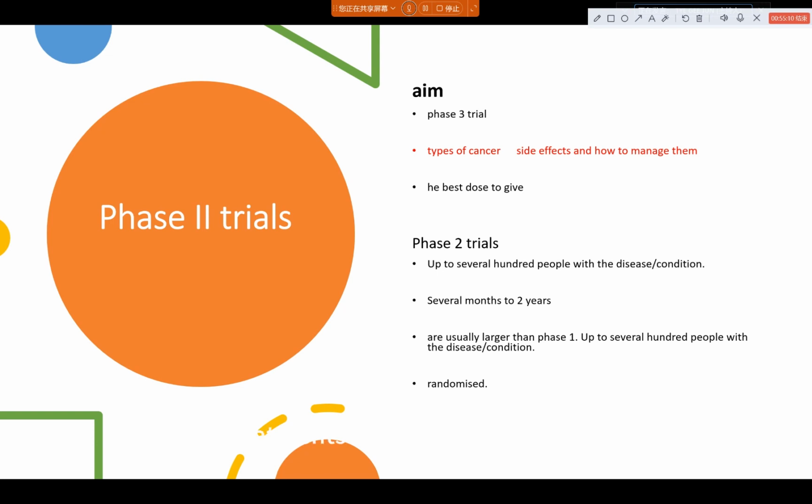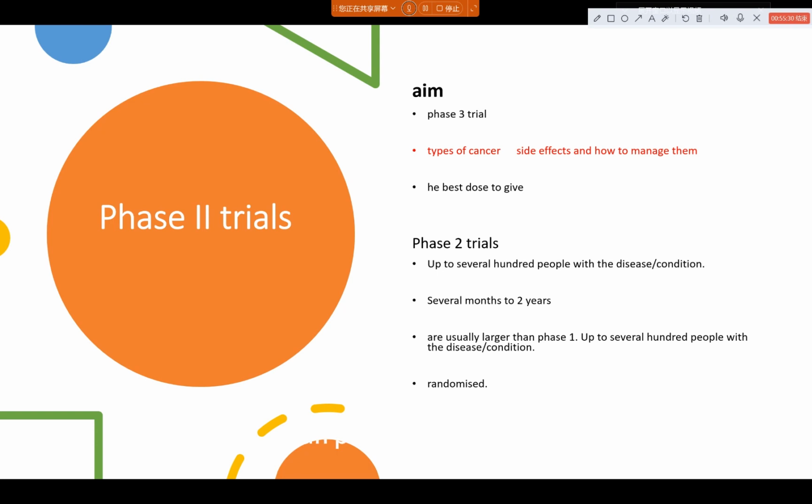Not all treatments tested in a phase 1 trial make it to a phase 2 trial, and about 33% of drugs move to the next phase.